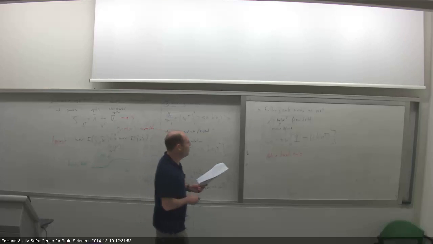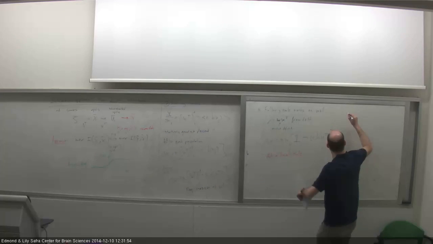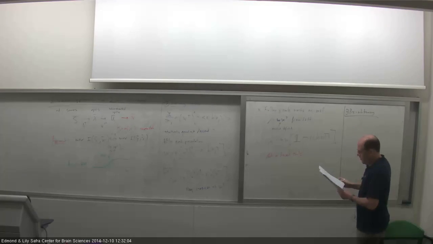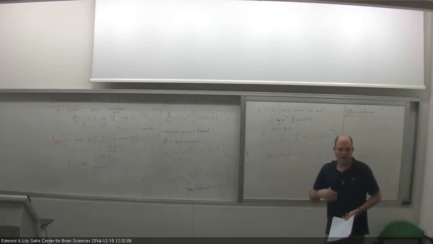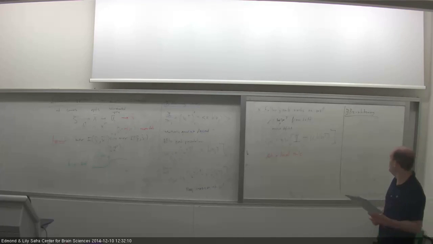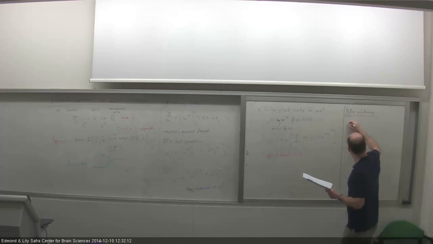Last comment that I want to make is about pre-whitening. So very often when trying to solve the ICA problem, people apply the following scheme.